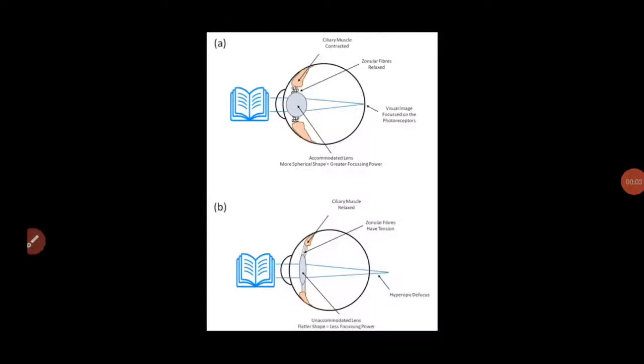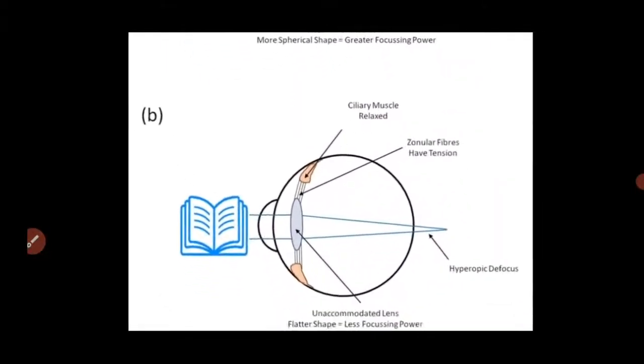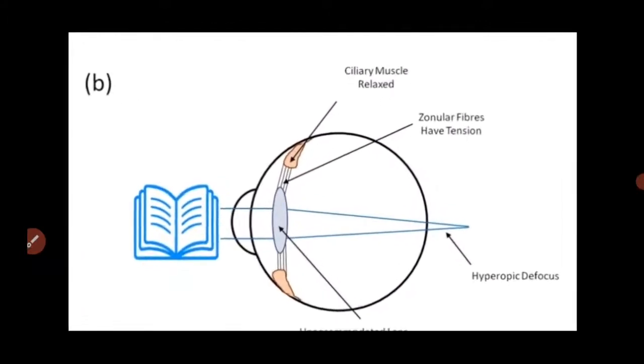Students, when we see the distant objects, the ciliary muscles relax and make the eye lens thinner. See in the second picture. Here the ciliary muscle relaxes and makes the eye lens thinner. This increases the focal length of the eye lens.